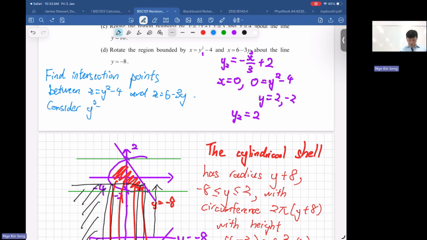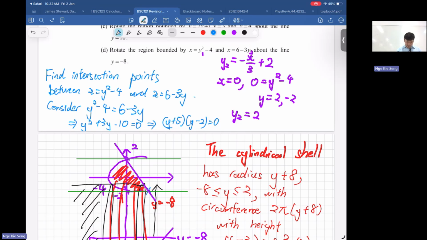Consider y squared minus 4 equals 6 minus 3y. Then we get y squared plus 3y minus 10 equals 0, which factors to (y minus 2)(y plus 5) equals 0.